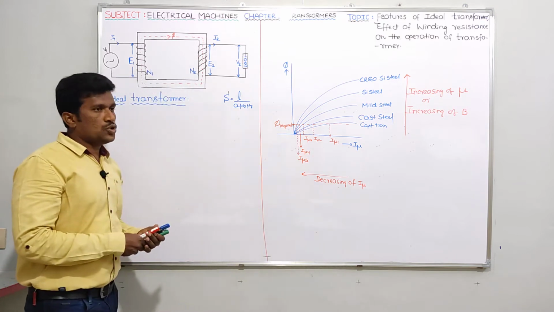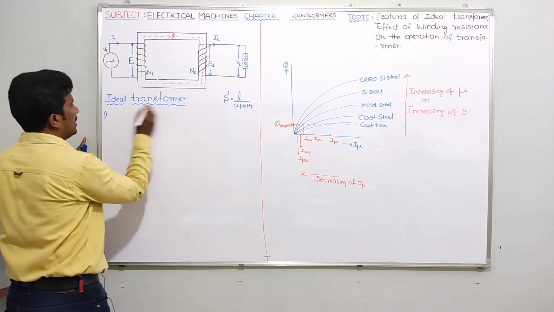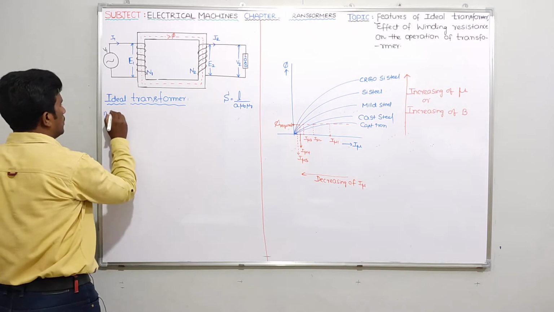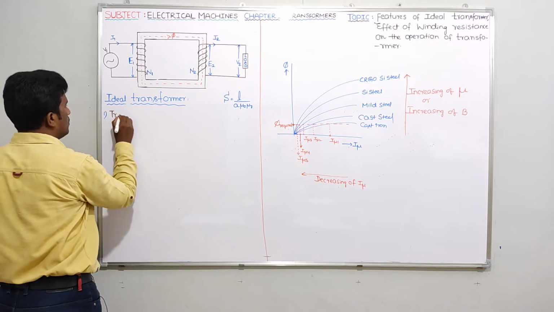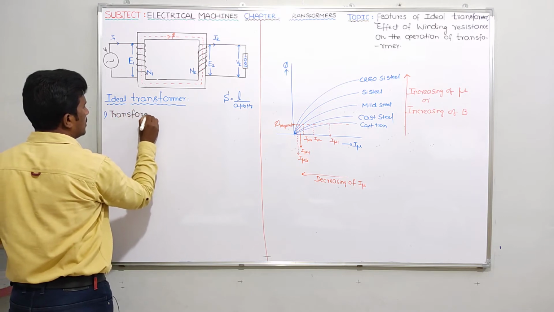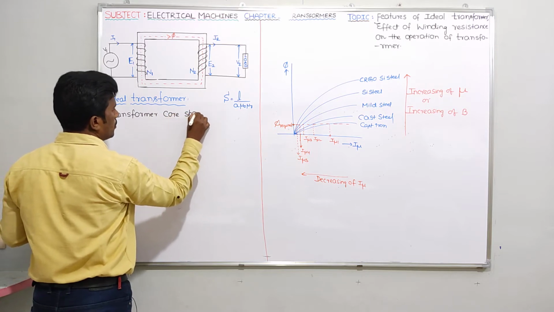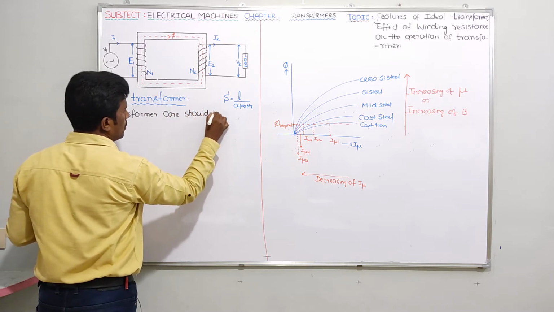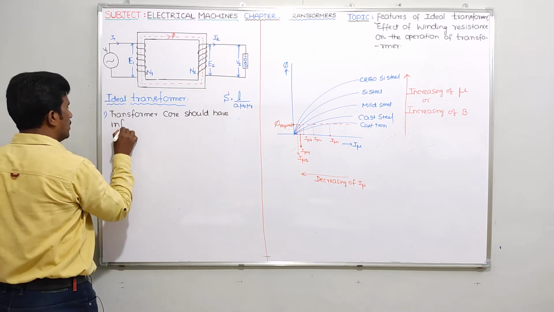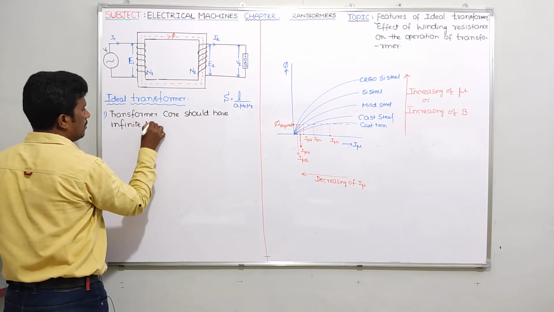So the transformer core should have infinite permeability. Let me write here, first point: ideal transformer core should have infinite permeability, mu.